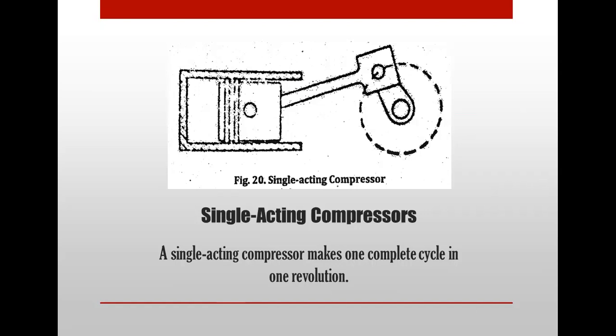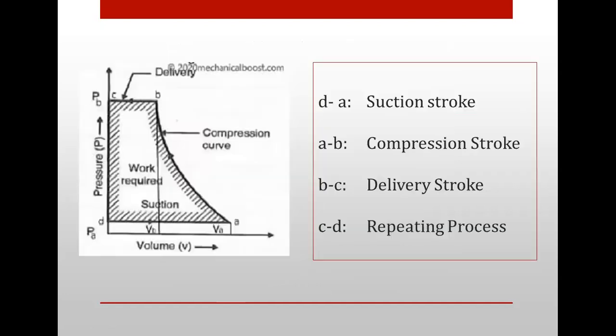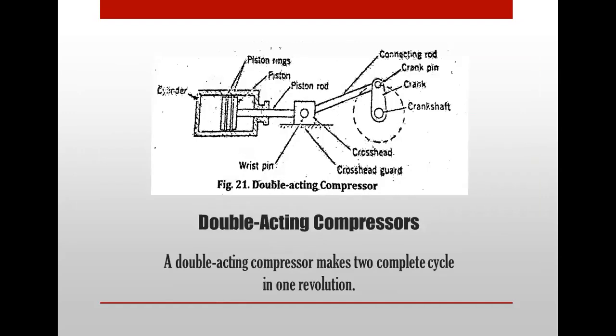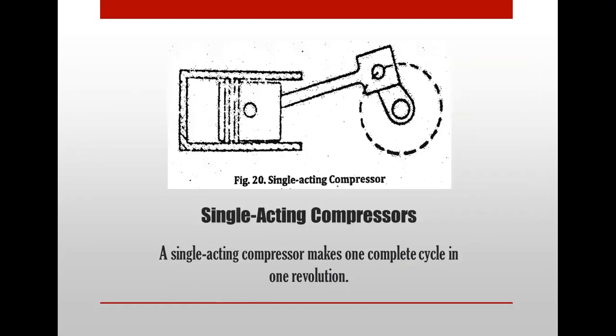Since the single-acting air compressor has only one valve at the top of the cylinder, there is only one compression cycle for each revolution of the crankshaft. This is the cylinder.